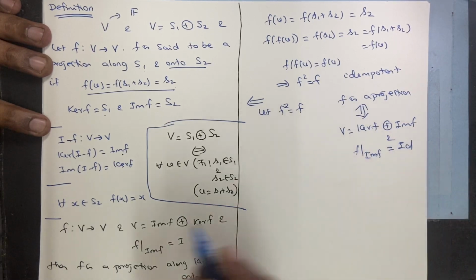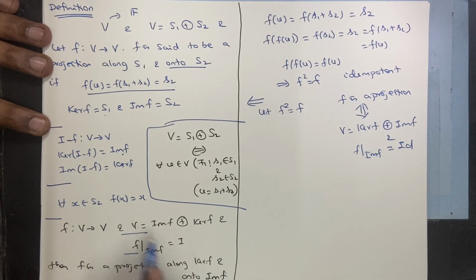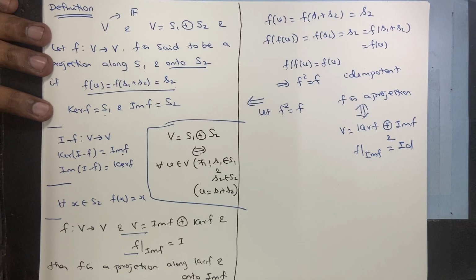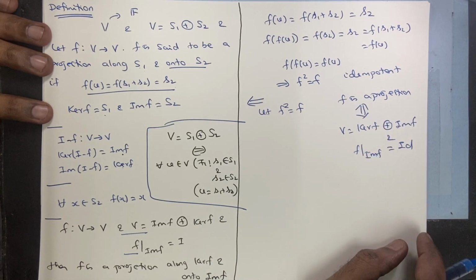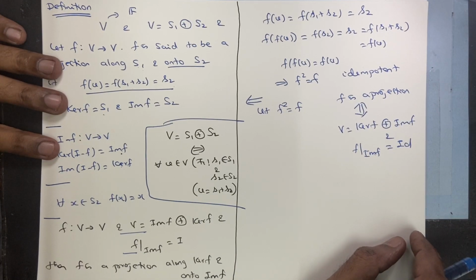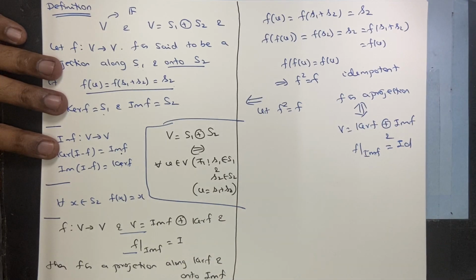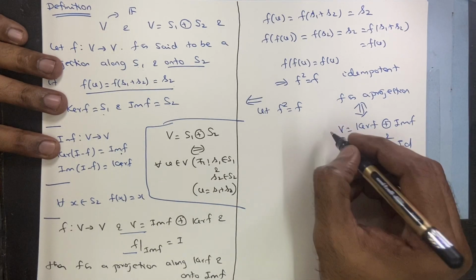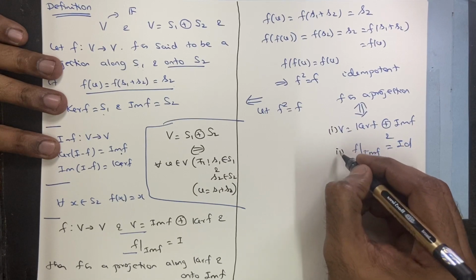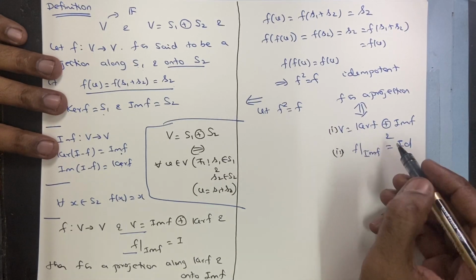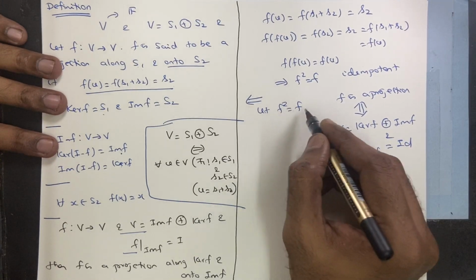That's what we saw some time back. If we prove this, then we have proved that f is a projection. So these are the two conditions to be proved, 1 and 2. We assume f squared is f, and then prove these.